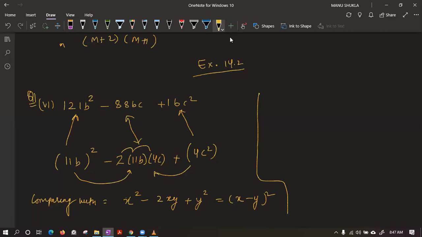So we can compare now. The value of x is 11b, and the value of y is 4c. Just put these values in the formula and the answer is 11b minus 4c whole square.